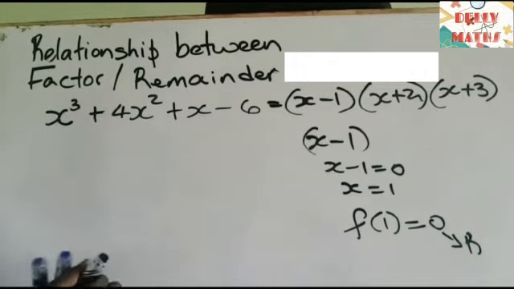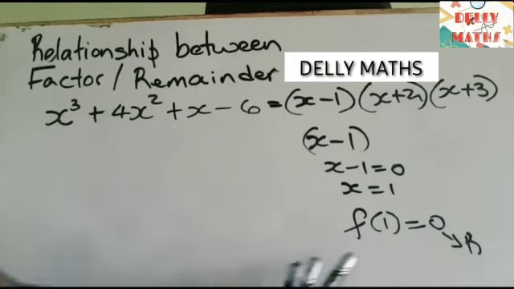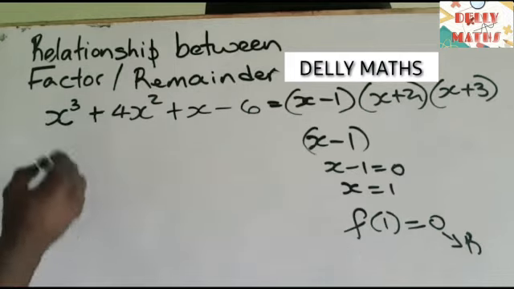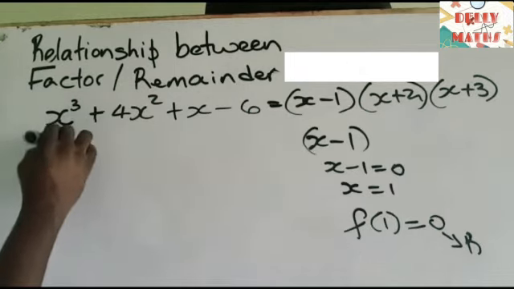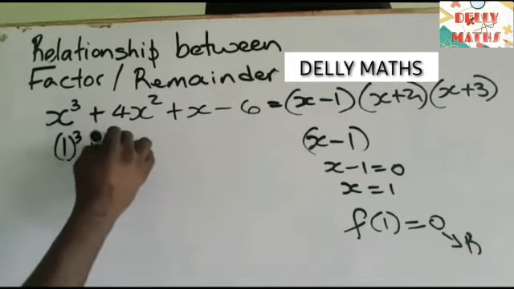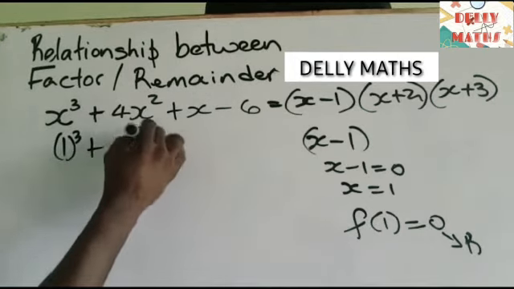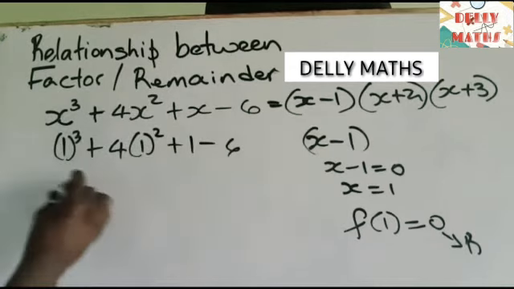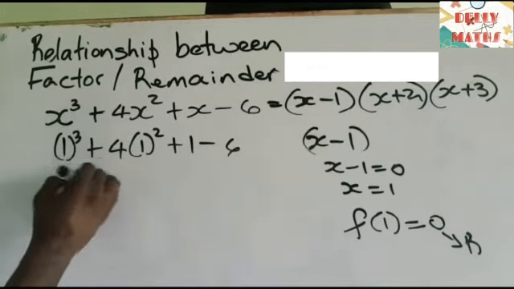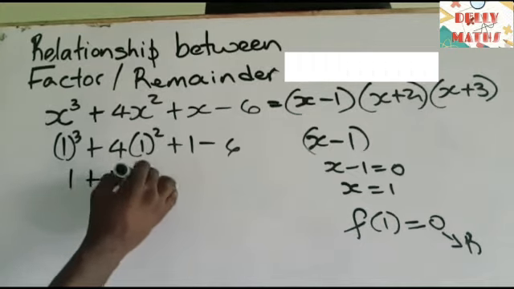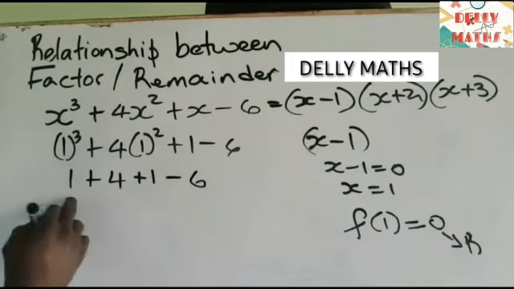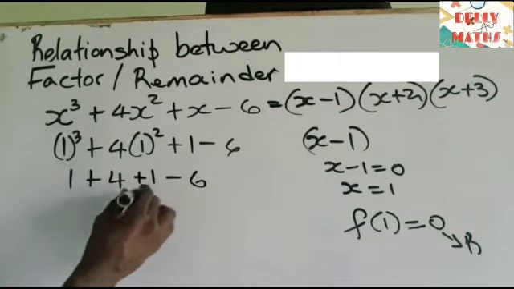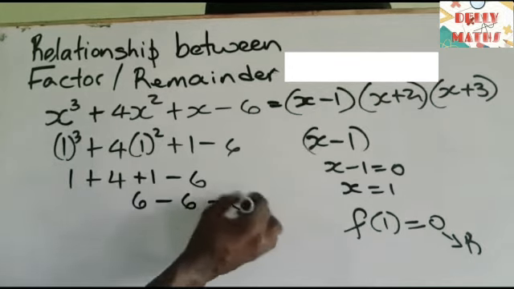Now, let us first evaluate f of 1 and see what we get. F of 1: 1 to the third plus 4 times 1 squared plus 1 minus 6. This 1 to the third is 1, this is 4, this is 1, minus 6. 1 plus 4 is 5, plus 1 is 6, minus 6 gives us a 0.